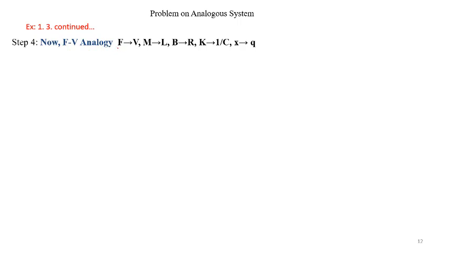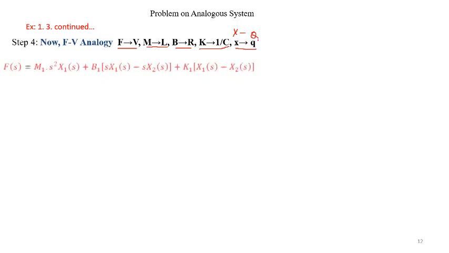In the FV analogy, in equations 3 and 4, wherever we have F, we replace it by V, M is replaced by inductance L, B is replaced by a resistance R, K is replaced by 1 by C, the inverse of capacitance, small x is replaced by small q, and capital X is replaced by capital Q.